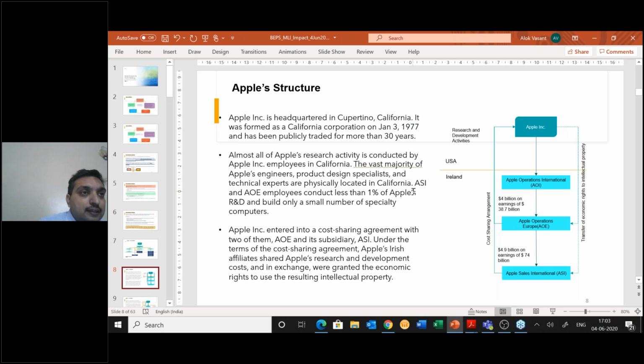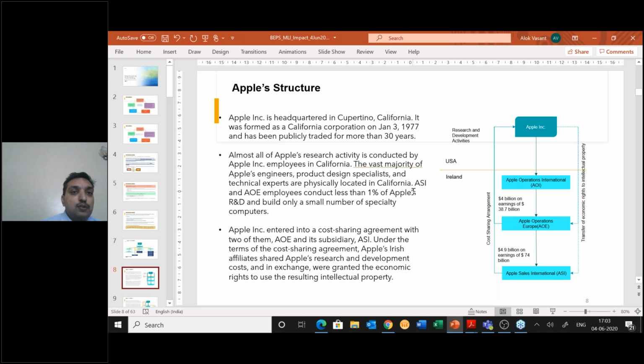Now, one could note that even though these entities had an earnings of around 34 billion or 74 billion, 38 billion, what they did by way of cost sharing was that we shared $4 billion with the US entity. The rest all remained in Ireland.